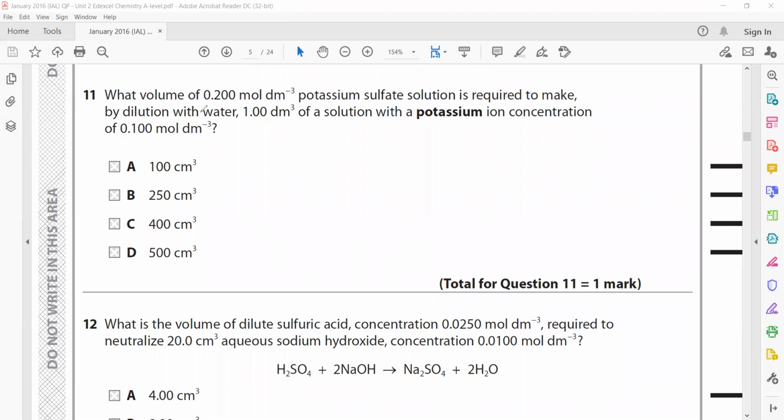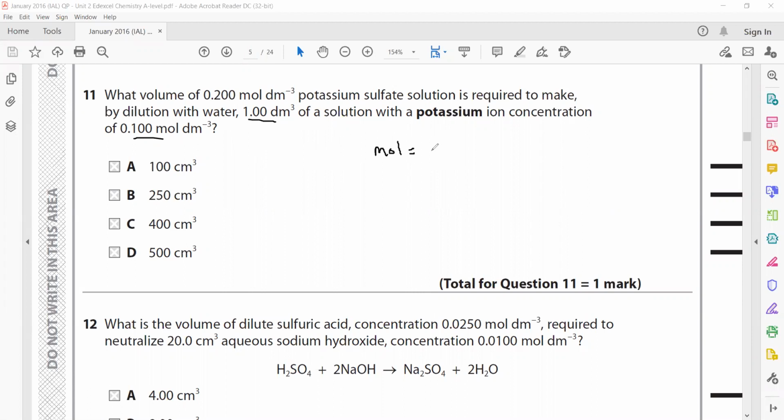What volume of 0.2 mole per dm cube potassium sulfate solution is required, by diluting with water, to make 1 dm cube of a solution with potassium ion concentration 0.1? So first we'll find how many moles of potassium ions we need. We have the volume and concentration.